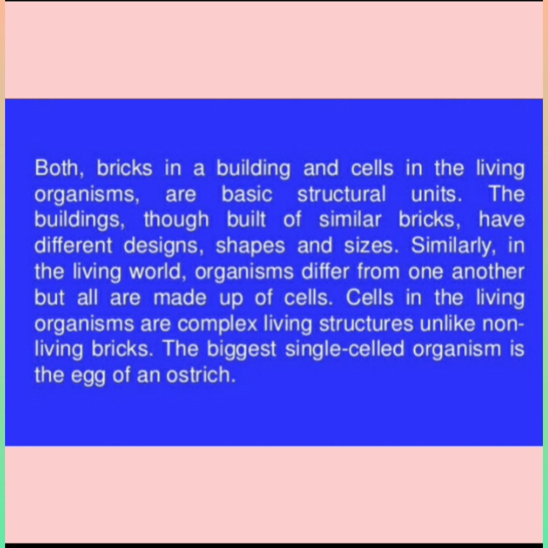The buildings, though built of similar bricks, have different designs, shapes and sizes. Similarly, in the living world, organisms differ from one another, but all are made up of cells. And cells in living organisms are complex living structures unlike non-living bricks.